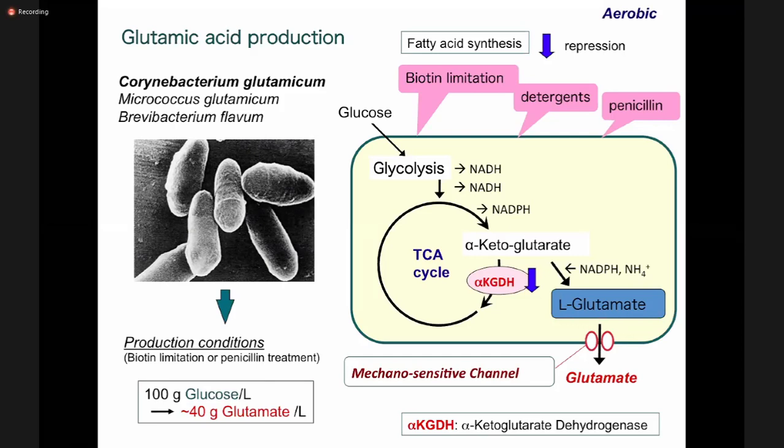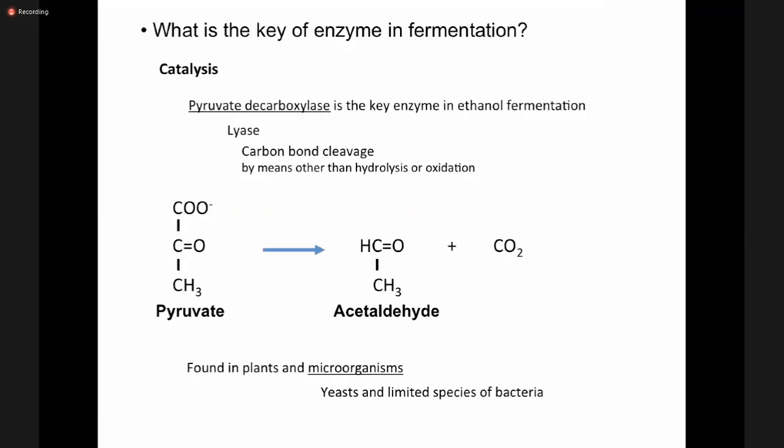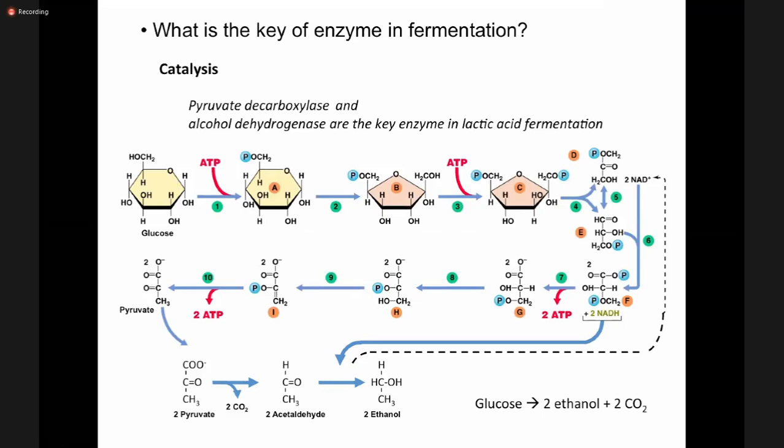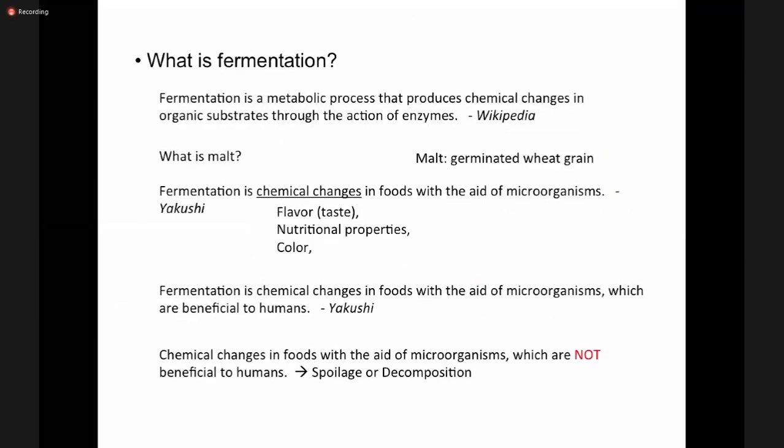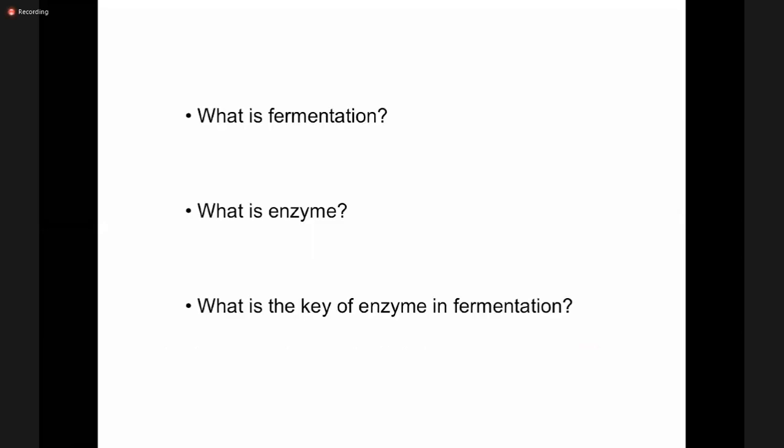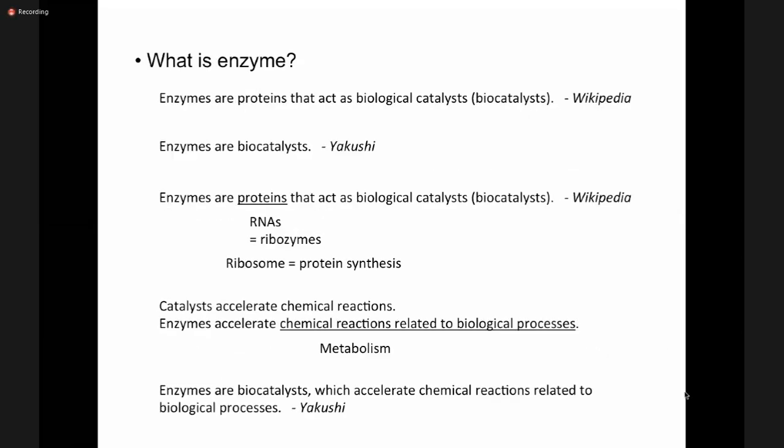Okay. So you said also that the enzyme is not always protein, right? You said this is also RNA. Could you explain about this? For example, what kind of RNA enzyme? It's difficult to explain the catalysis of ribozyme.